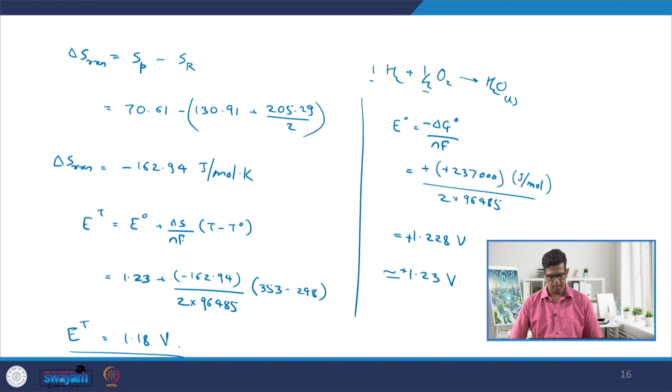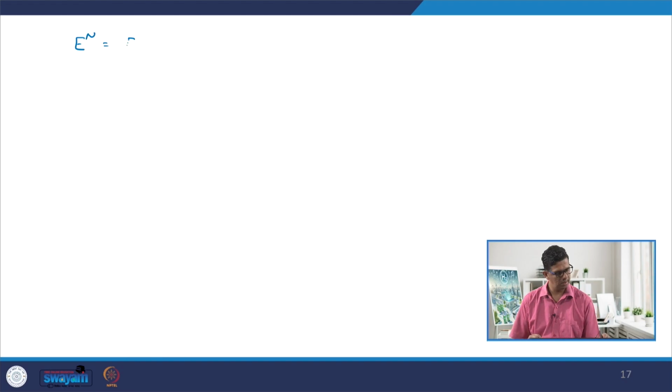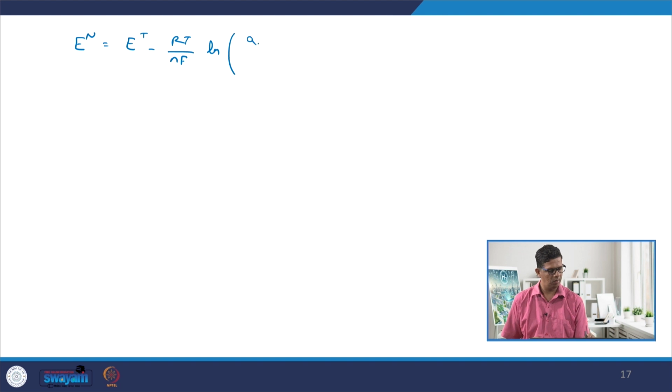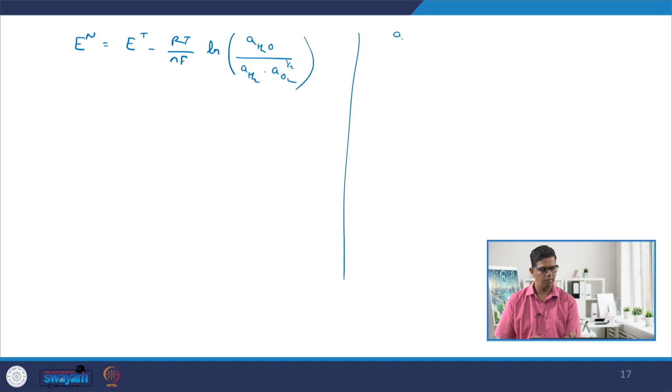So, let us go ahead and find En. As we know, En is ET minus RT by NF ln of the products, that is the activity of water divided by the activity of hydrogen times the activity of oxygen raised to half. We know the activity of water is 1, and the activity of hydrogen is the partial pressure of hydrogen by standard pressure.